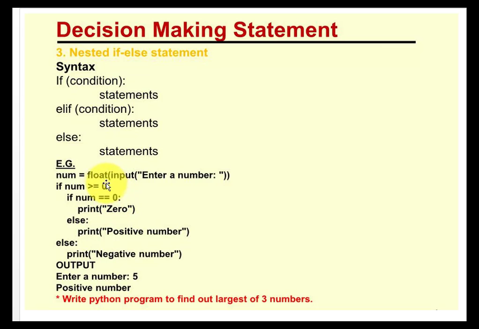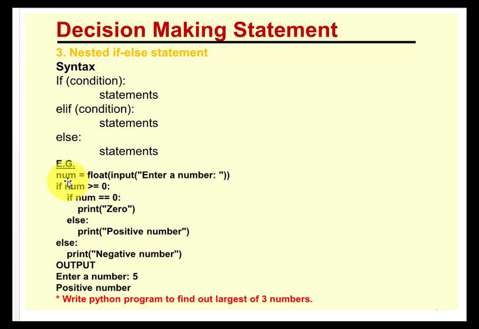If the number is not greater than 0 or not equal to 0, then what happens? The else statement will be executed, meaning the positive number statement will be executed. If my first statement becomes false, then my program will directly execute the else statement, and there you can see what is written: negative number. So that statement will be executed.